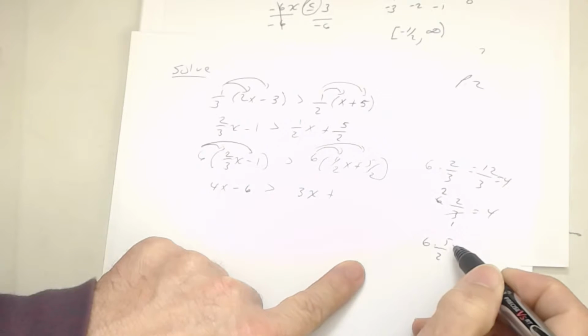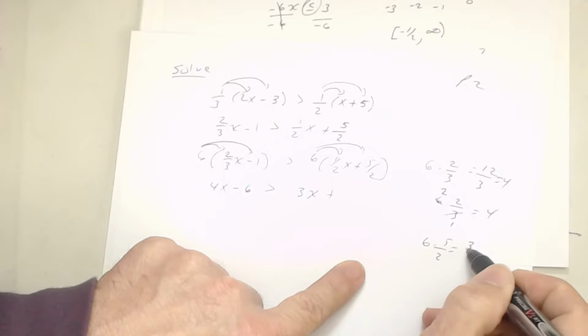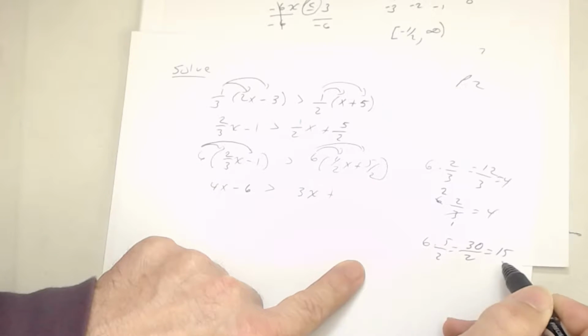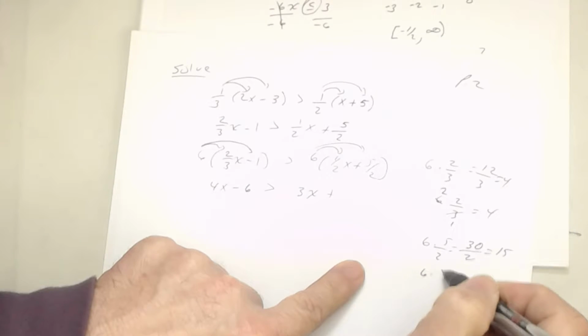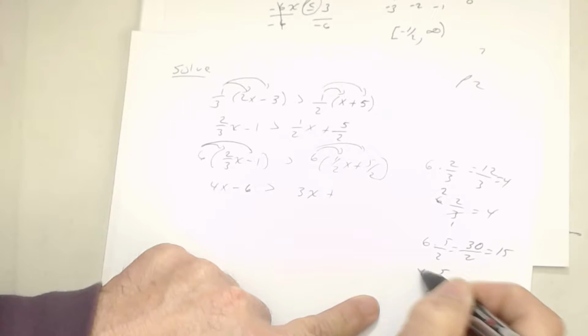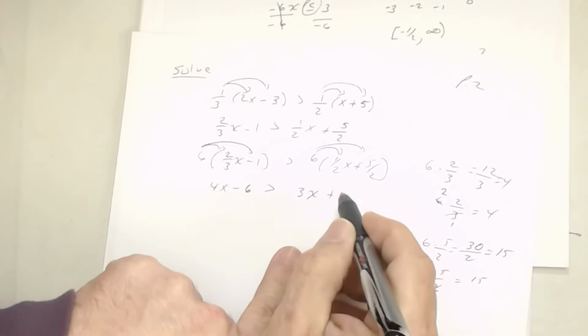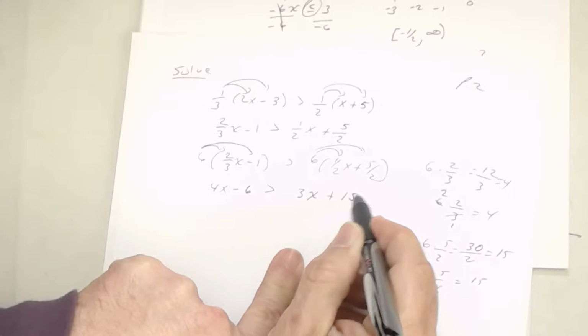You can multiply first and then reduce. If I multiply first, 6 times 5 is 30. 30 divided by 2 is 15. Or you can reduce first. 2 into 2 is 1. 2 into 6 is 3. 3 times 5 is 15. So this becomes 3x plus 15.